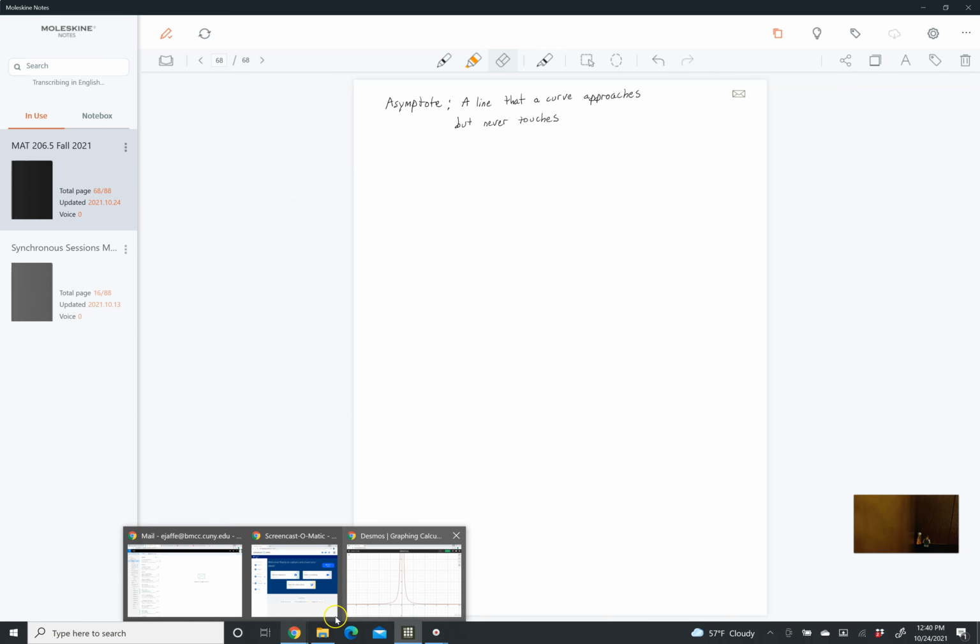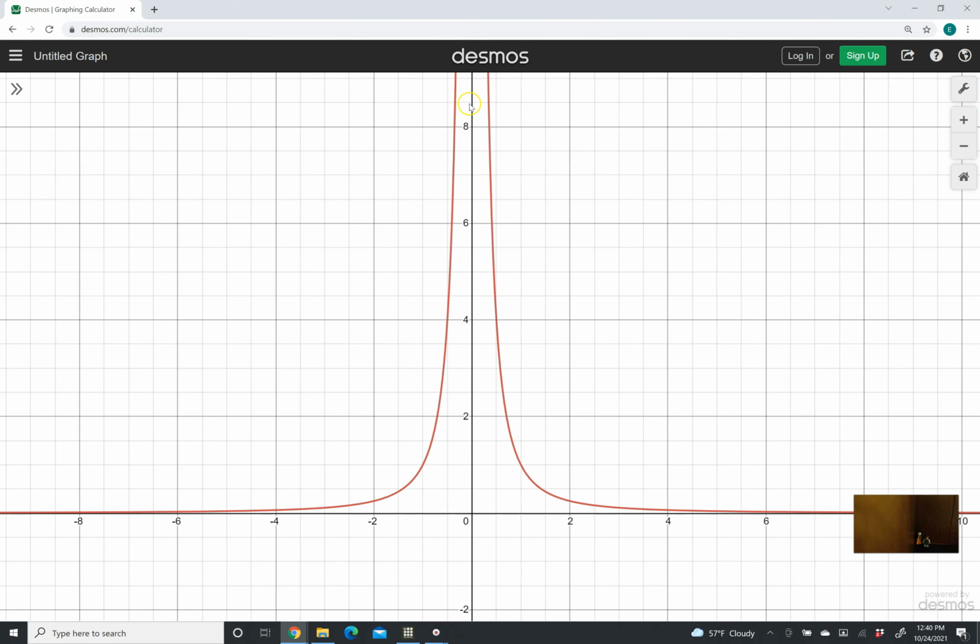You can see it here. x equals 0 is an asymptote. This red curve gets very, very close to x equals 0, but it never touches it.